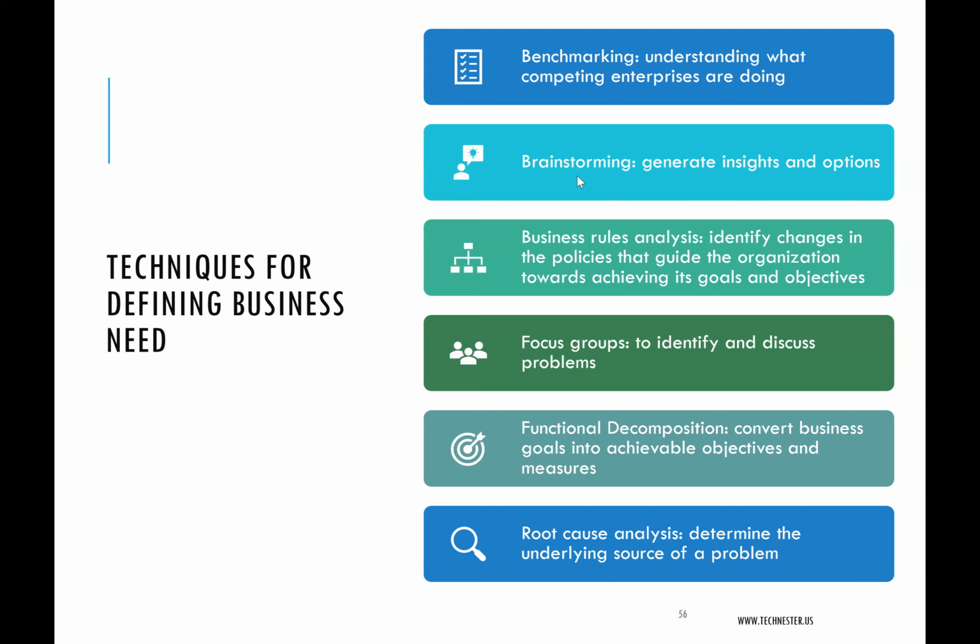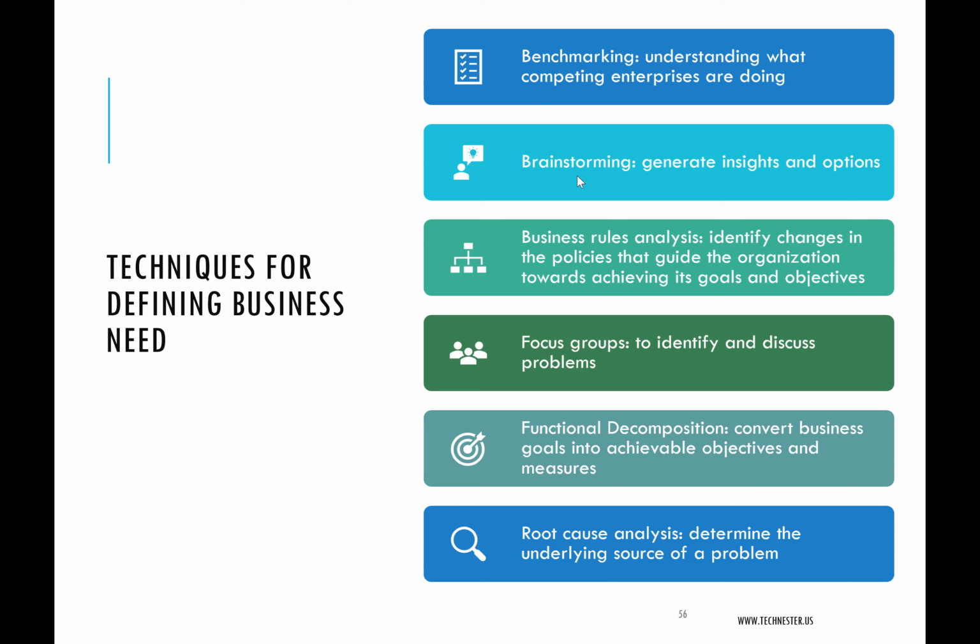You first define your business need. After you define your business need, then you do gap analysis. You try to figure out what you need to do to solve that problem, right? Where you are and what you need to fix or buy or improve in order to get to where you want to be. That is gap analysis.